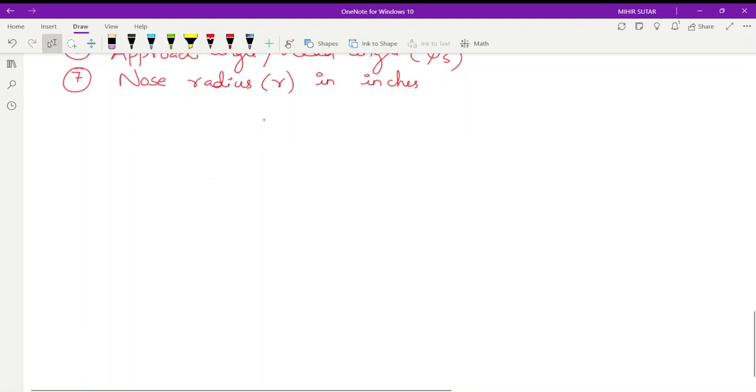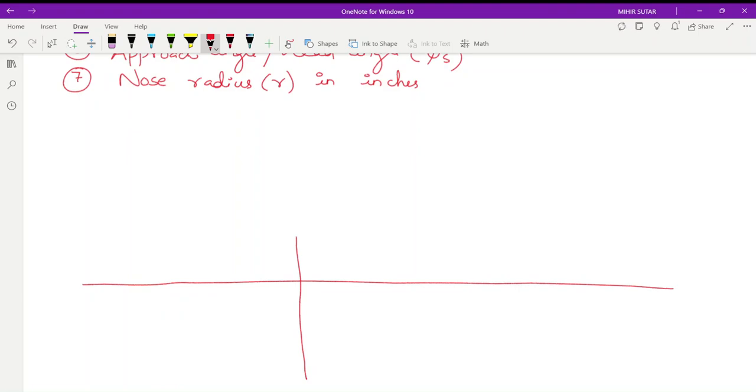Okay, this is the x-axis we have constructed, and this is the cutting tool.